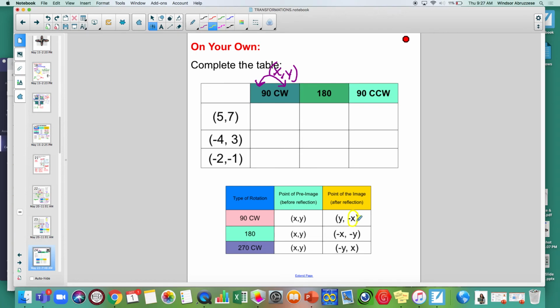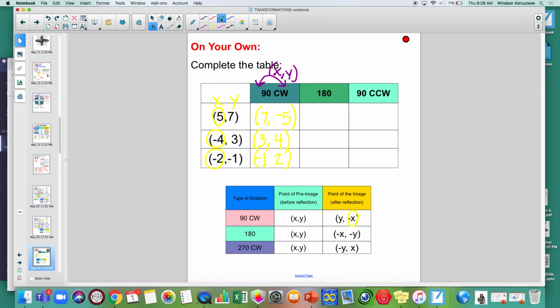So 90 degrees clockwise would become, bring the 7 up front and do the opposite for x. Same thing here. Bring the 3 up front, flip-flop them, and do the opposite for that -4, which would become positive. Do the opposite for -2 and bring that -1 up front.